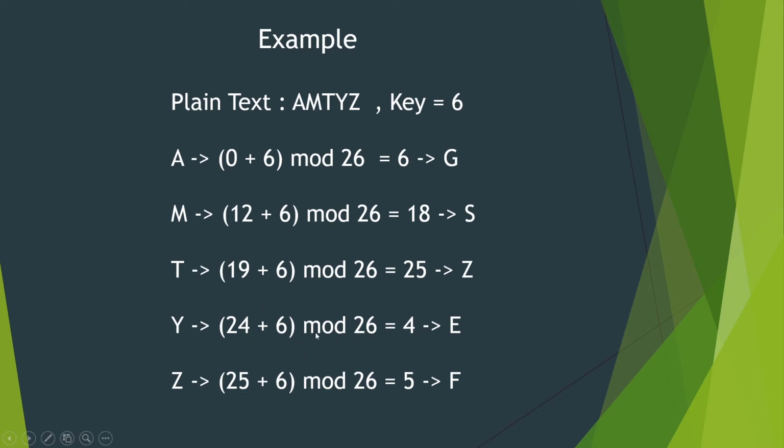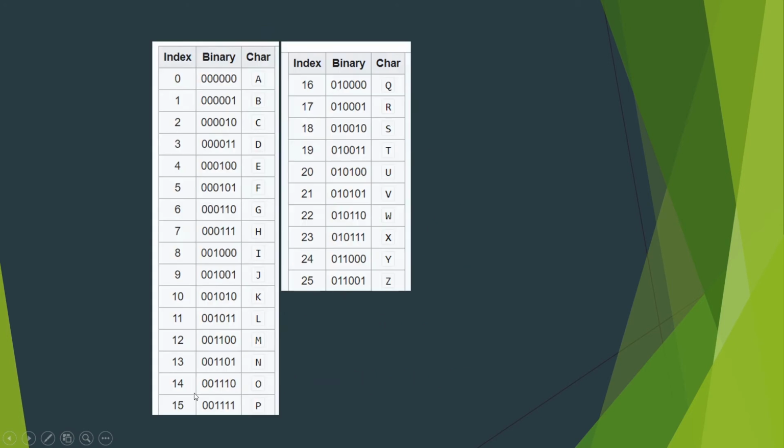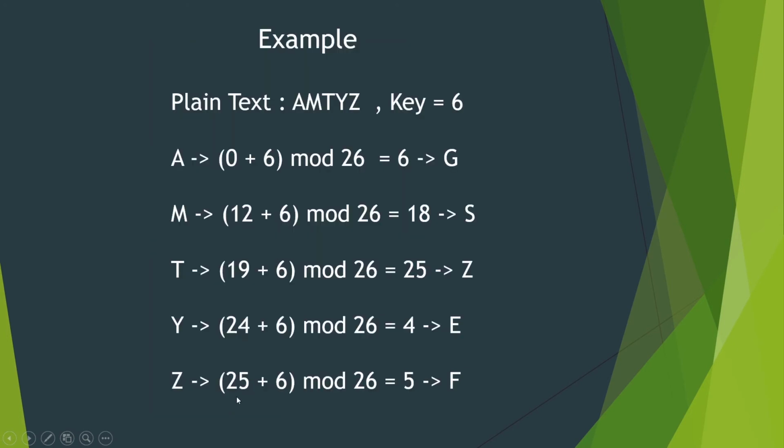So 30 modular 26 gives 4, since 26 once is 26 and plus 4 gives 30. And 4 is E. In the same way, Z's value is 25, and if we add 6, we get 31, and if you modular divide by 26, you get 5. The value of 5 is F.